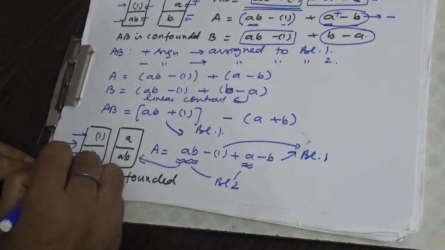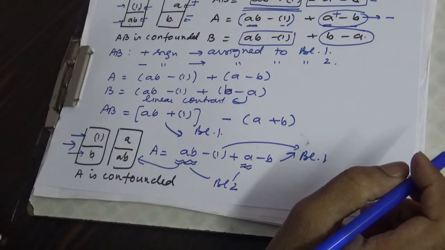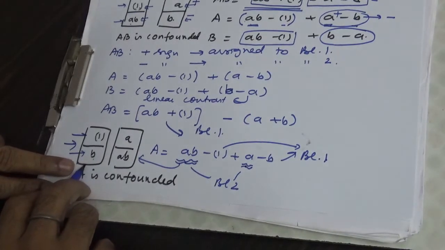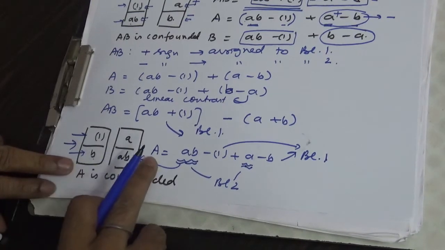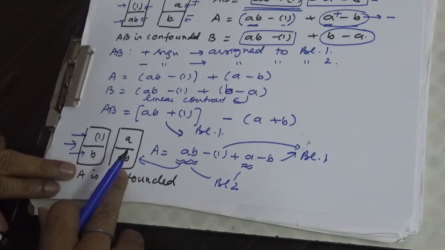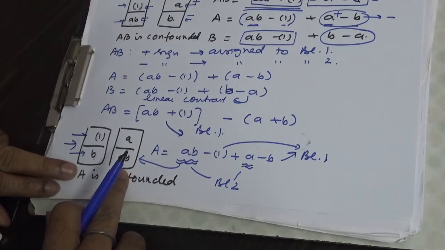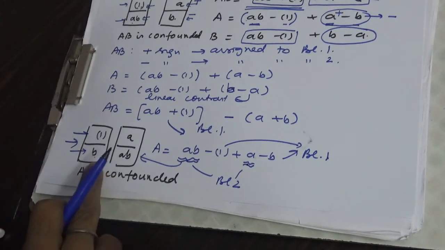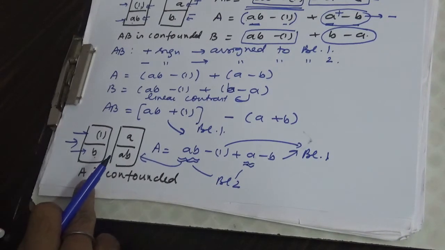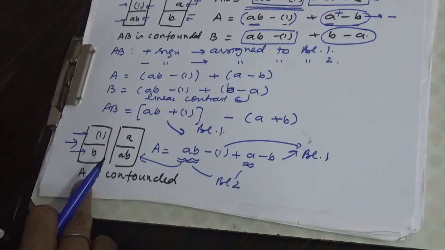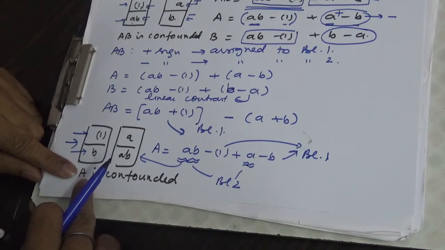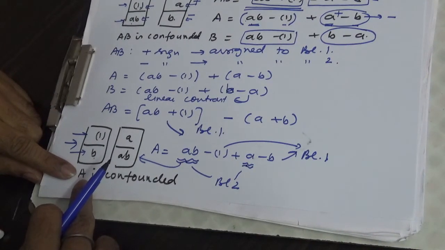So in this block arrangement, the treatment combinations from the main effect A have been assigned to these two blocks in such a way that they are not making the linear contrast within the block. And in this case we have observed that A will be getting confounded, whereas B and AB will not be confounded. That you can verify.